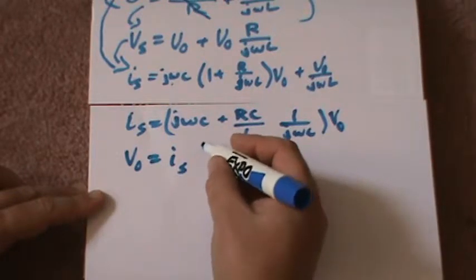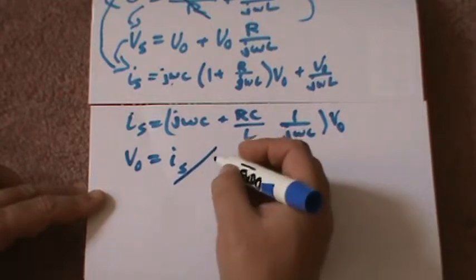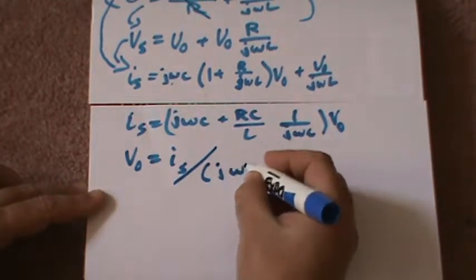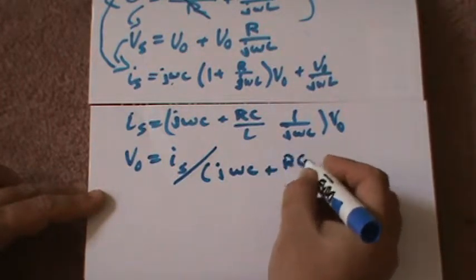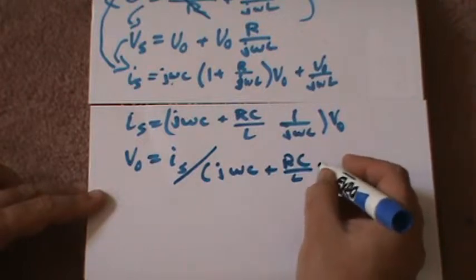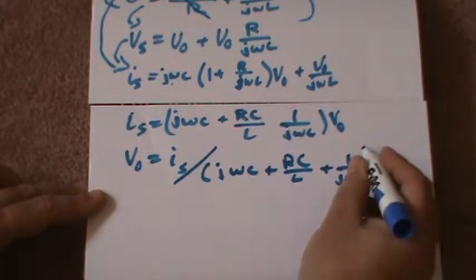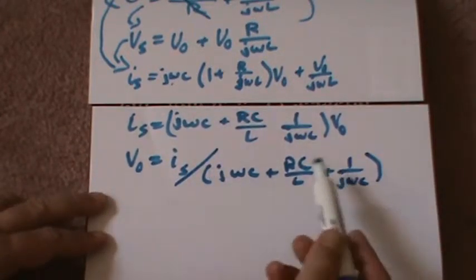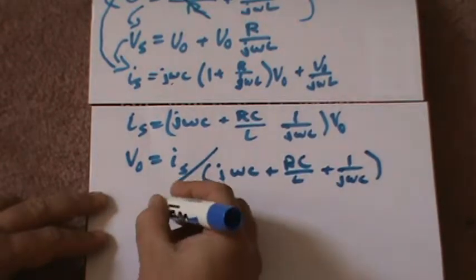So I've got my IS, and now we're going to take that and divide through by j omega C plus RC over L plus 1 over j omega L. Now, I'm going to connect these together and get an imaginary and real part.